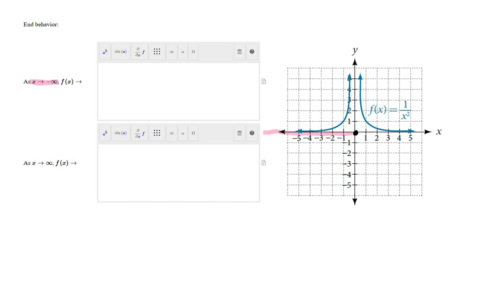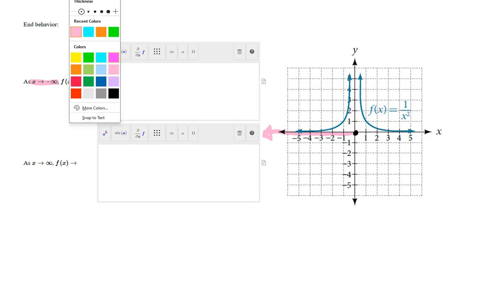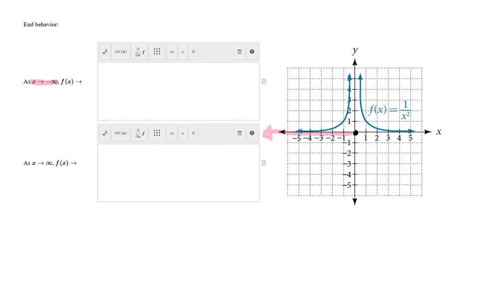What is the graph doing as you're going towards negative infinity? I'll go back to pink again. The graph is going downhill and running along the x-axis, getting closer and closer to being on the x-axis. So the y-coordinate is getting closer and closer to being 0.